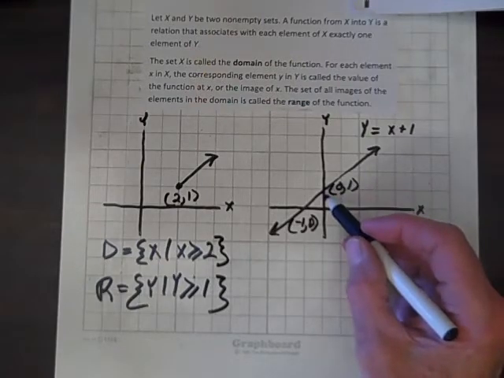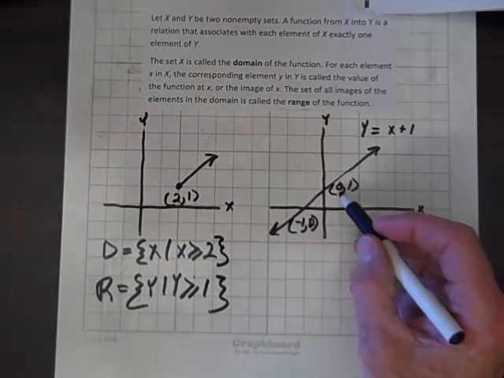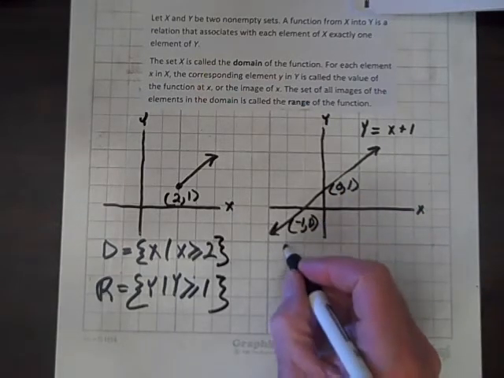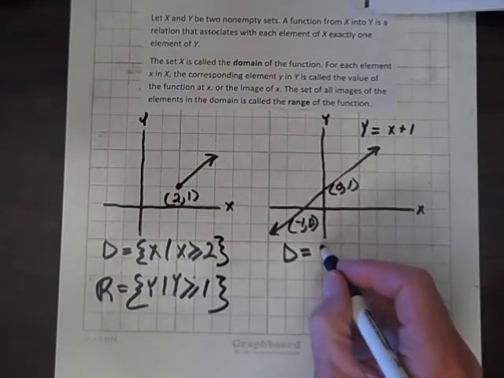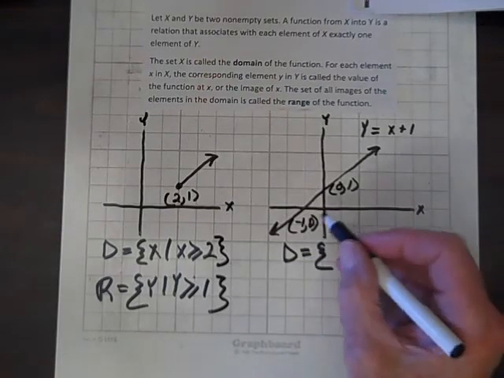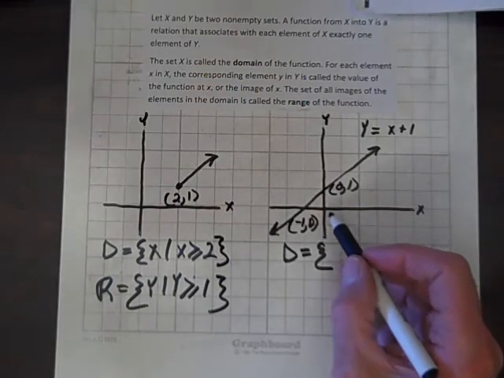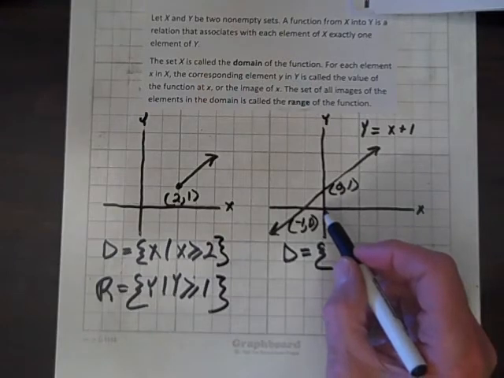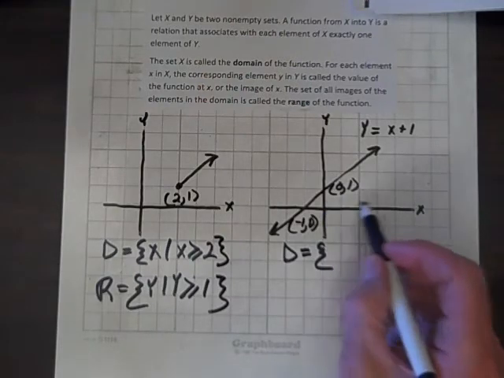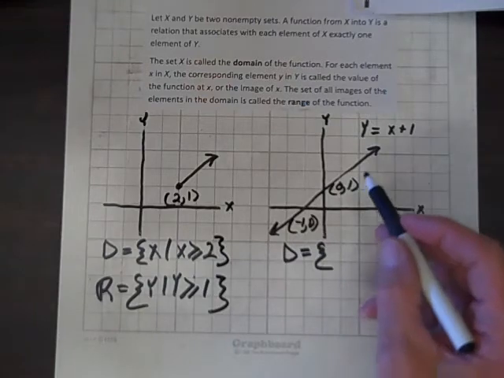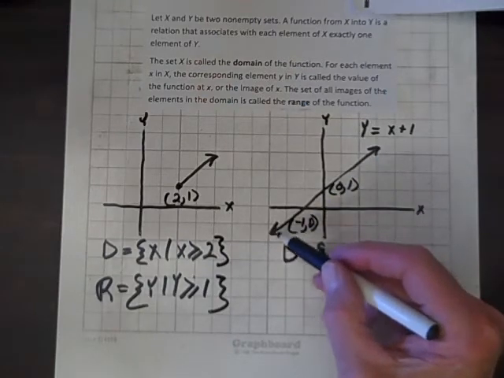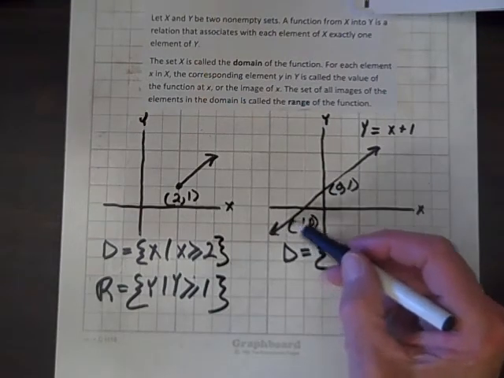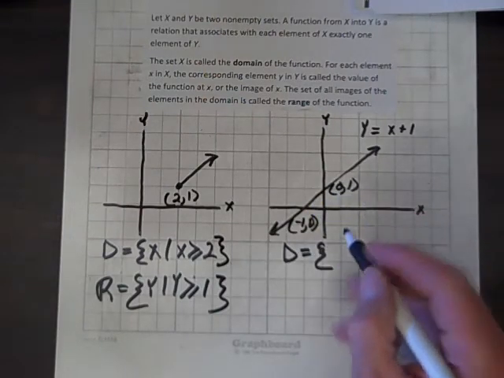Now for this function, whose equation is y equals x plus 1, and correspondingly has the intercepts, a y-intercept at (0, 1) and an x-intercept at (-1, 0), its domain equals the set x. Now notice, all x coordinates to the left of 0, the x coordinate 0, and all coordinates to the right of 0 are part of the graph, are components of the graph of this function.